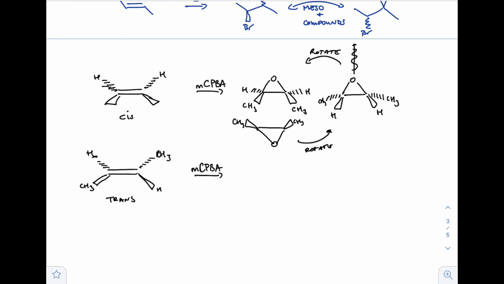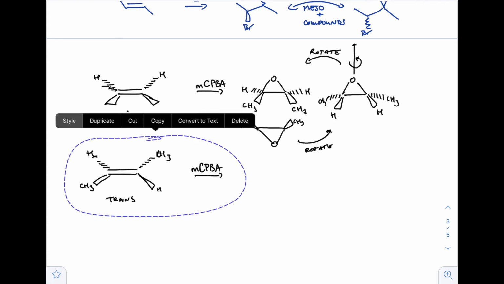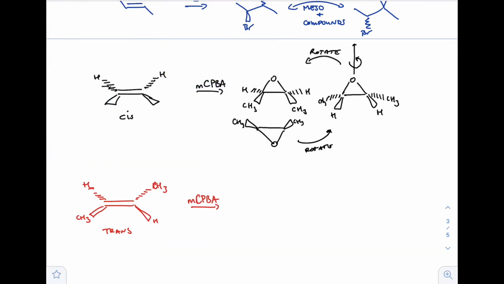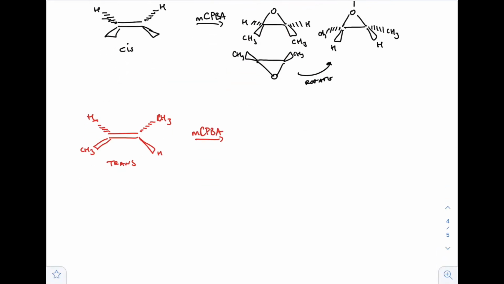If you approach from the bottom or the top, you get these two compounds, at least the way they're drawn, and then if you rotate on that vertical axis, you get the same exact compound, okay? So those are identical compounds.